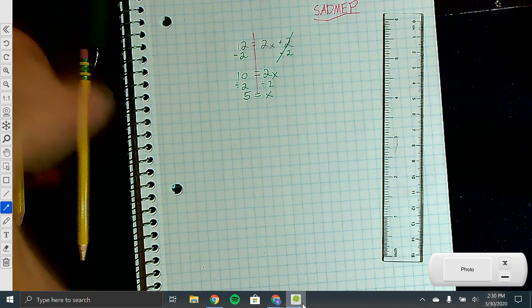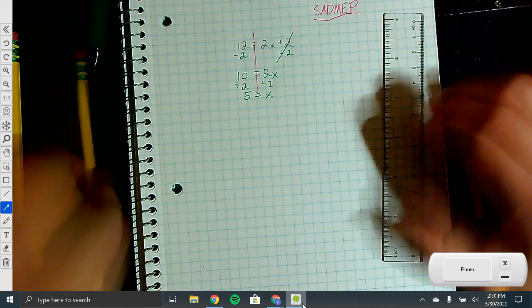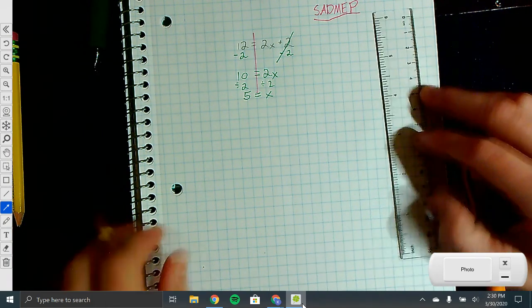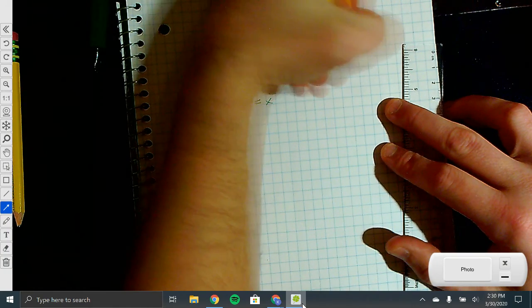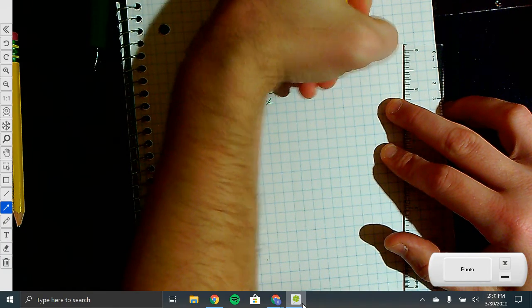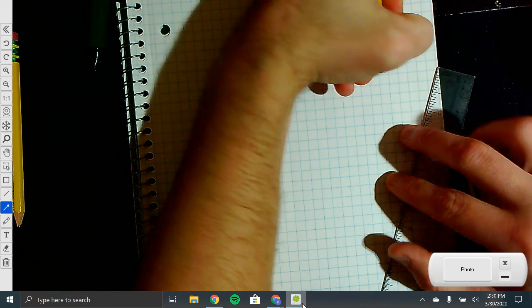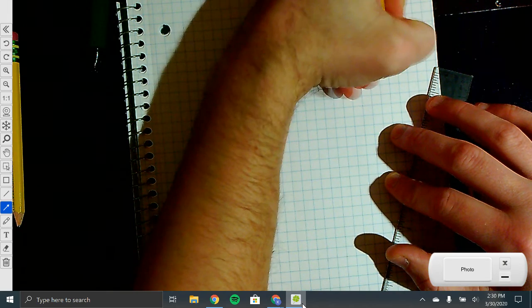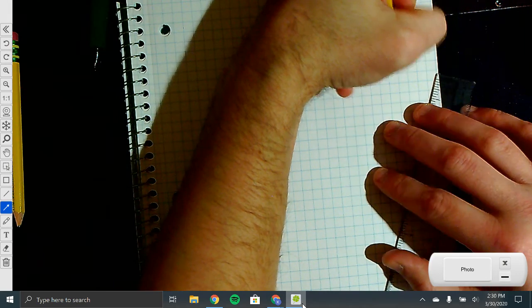As we work with inequalities, nothing about that process changes other than your symbol. So, for example, if I had a problem like y divided by 2 plus 3 is less than or equal to, let's say, 8.